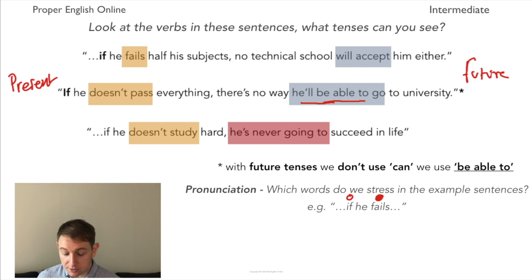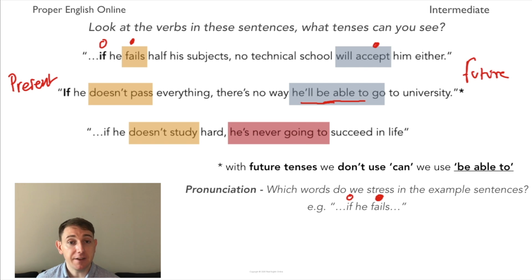Okay, all right, so let's look again. If he fails half his subjects, no technical school will accept him. So will doesn't really have any stress on it. We don't stress that one.